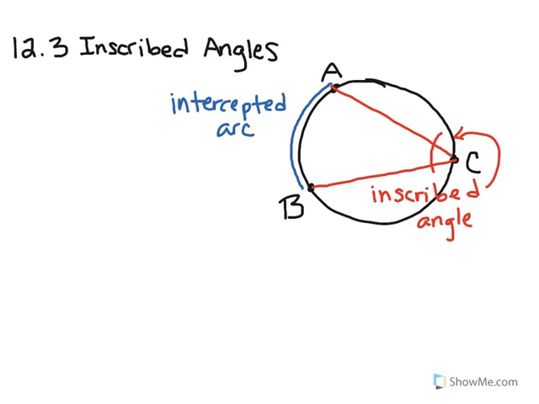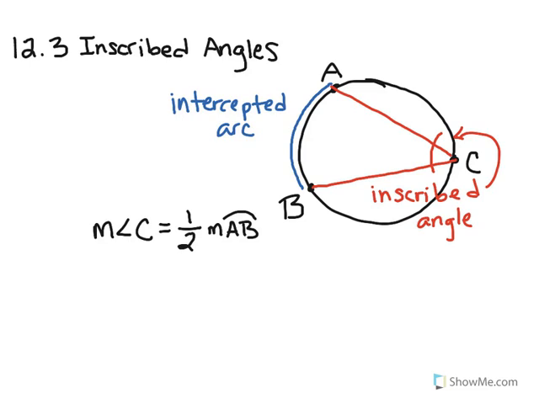And what's really interesting is every single inscribed angle has a relationship to its intercepted arc. And the relationship is that the measure of your inscribed angle is half the measure of the intercepted arc. And this is the formula for it.